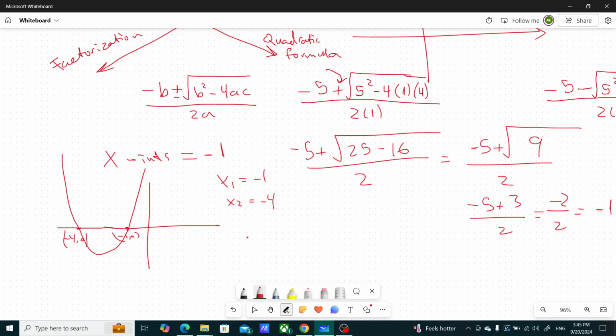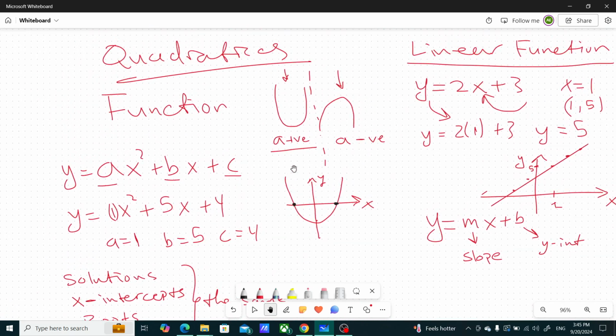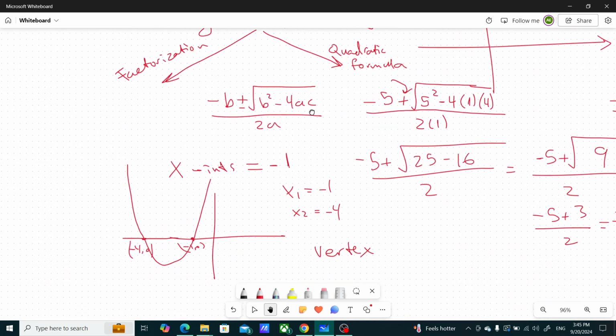What's this extra thing? It's very, very simple. It's called the vertex. Okay, so vertex is basically this point, the lowest point when it opens upwards, and the highest point when it opens downwards. So basically this point, it's called the vertex. Okay, let's go down and see.